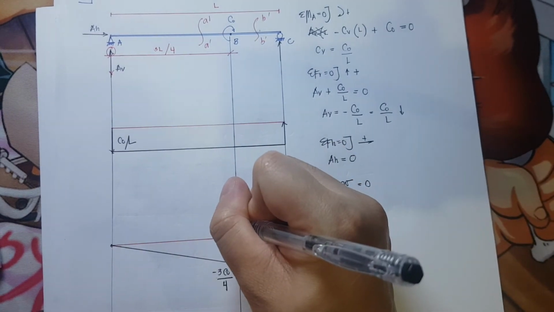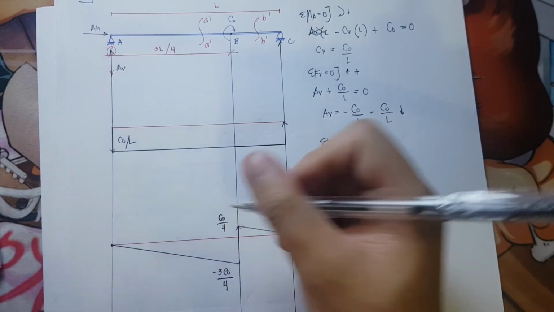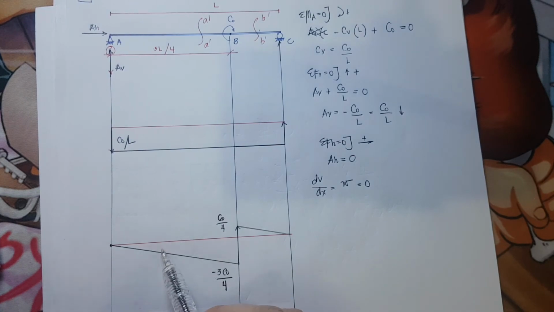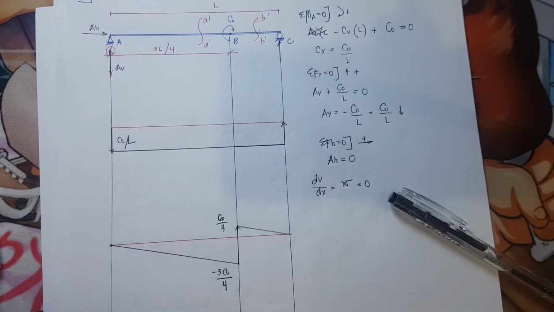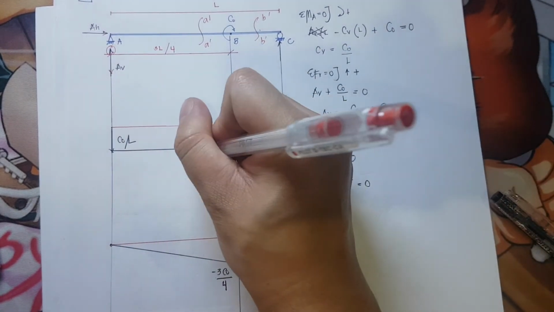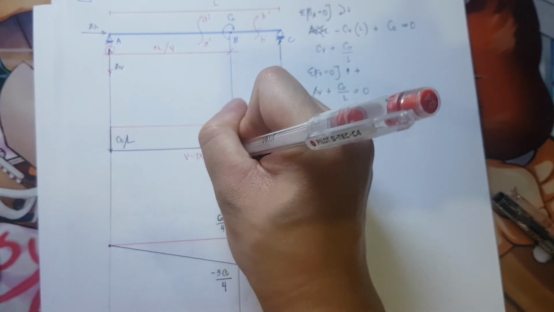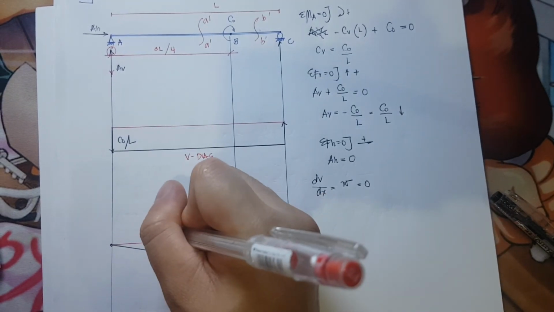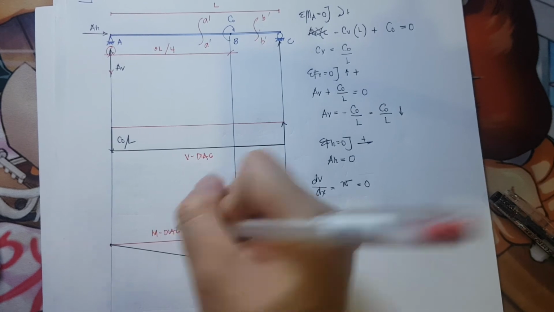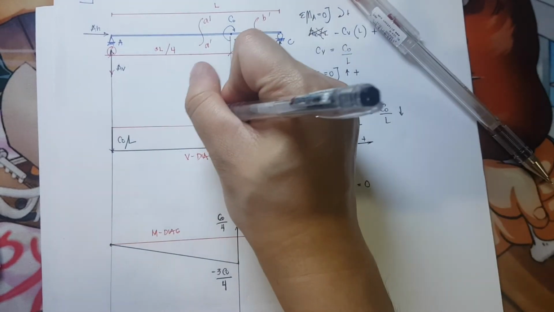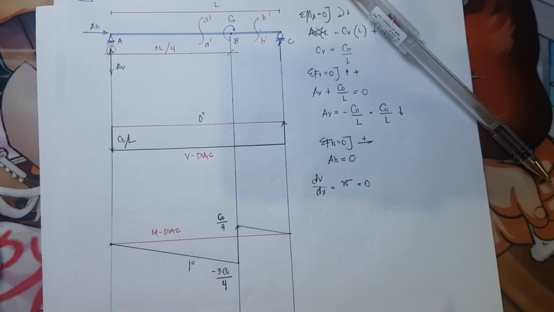So I have here C of naught over 4. And this is now my moment diagram. So shear diagram, moment diagram. So this is 0 degree, this is first degree.